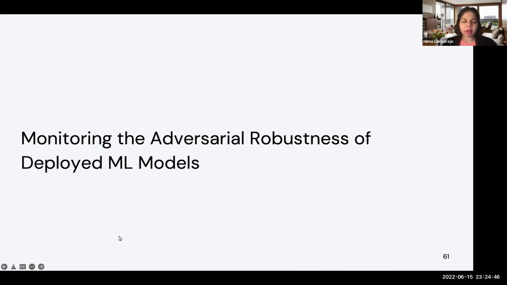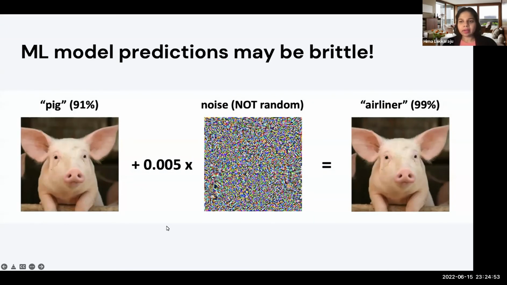Now let's talk about monitoring adversarial robustness of machine learning models. While machine learning models these days are often quite accurate, the predictions resulting from these models are also known to be brittle. Okay? To illustrate, let us consider this classic example where there is the image of this piglet, which the model is classifying rightly with very high accuracy as pig, right?